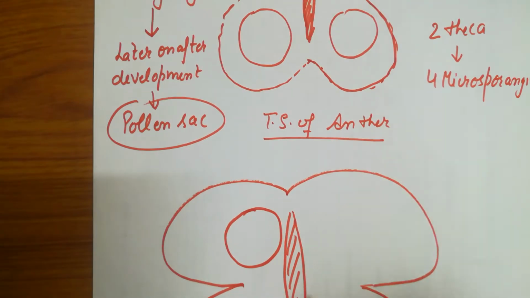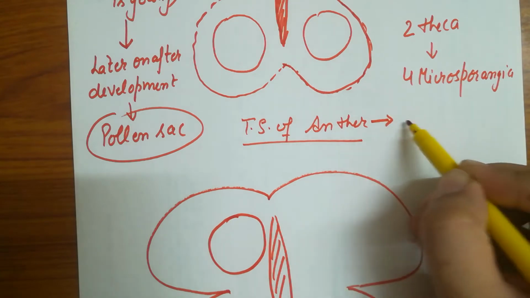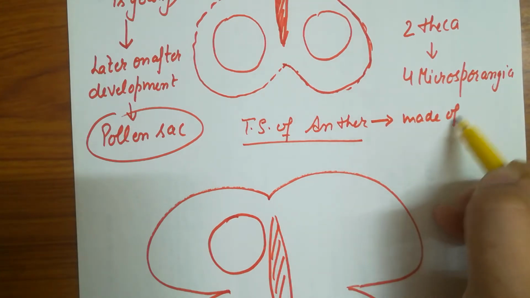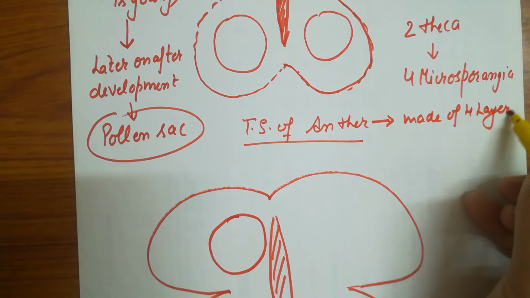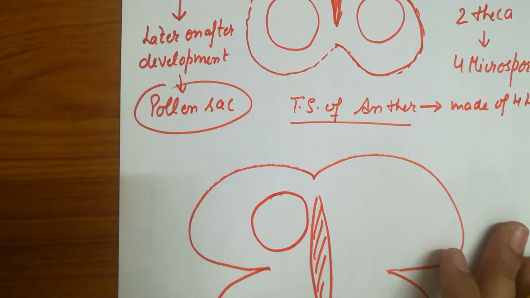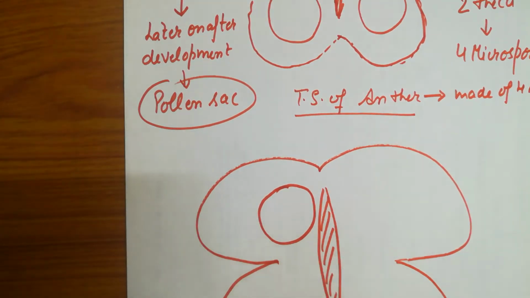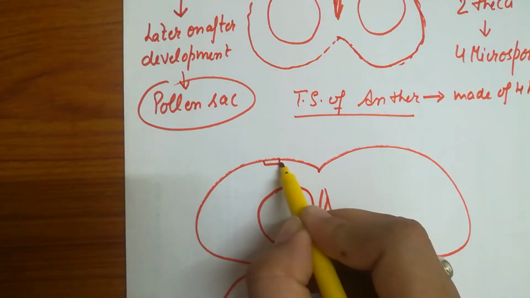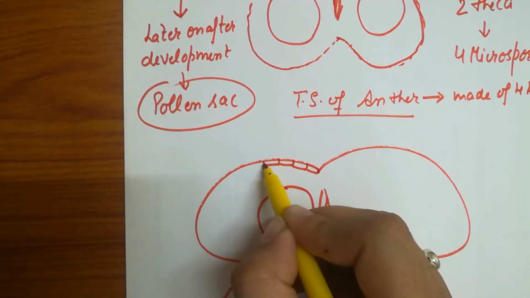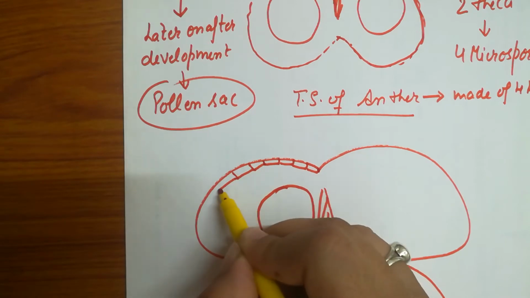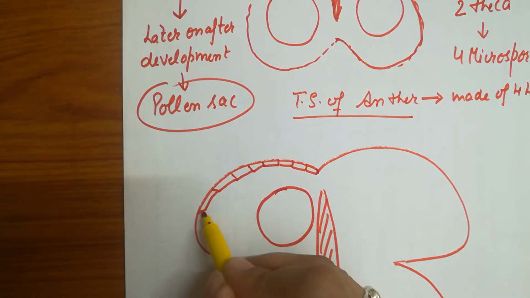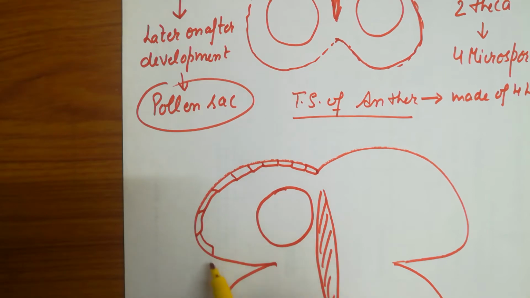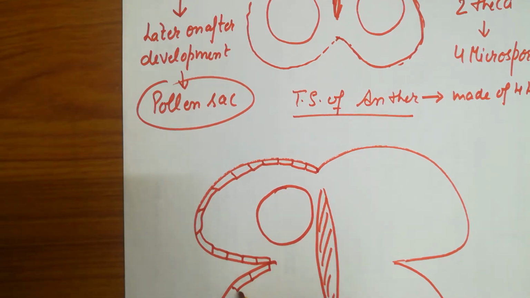Usually you need to remember that the anther wall is made up of four layers. We have to draw four different types of layers. The first layer is made up of flat cells, so we are going to draw flat cells like this. This very first layer of the anther is made up of flat cells, and it is a single layer.